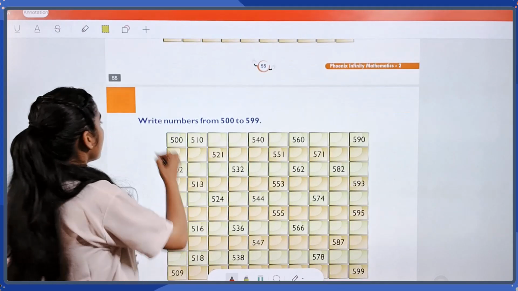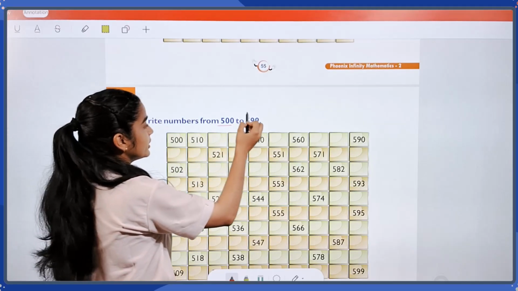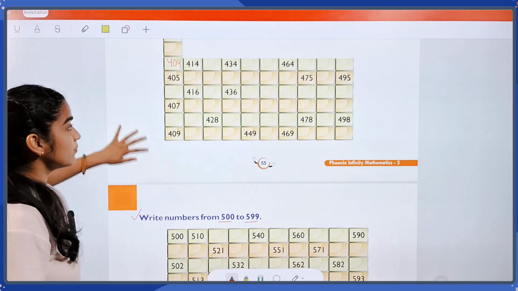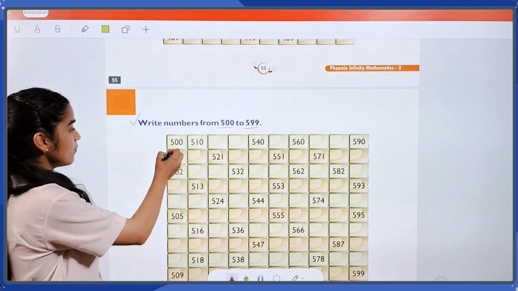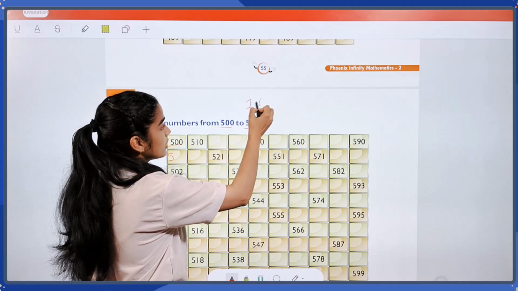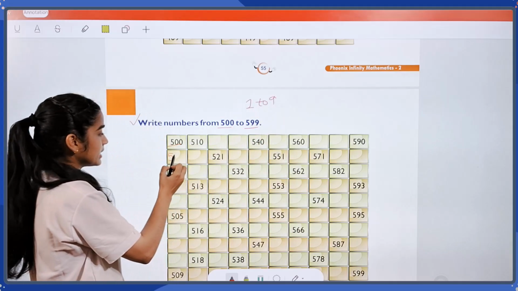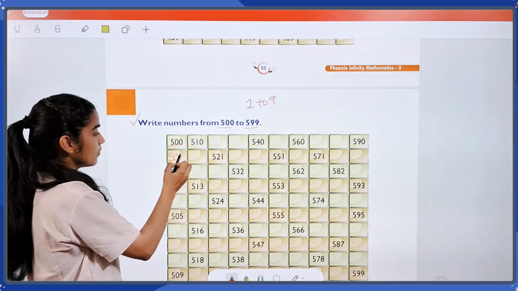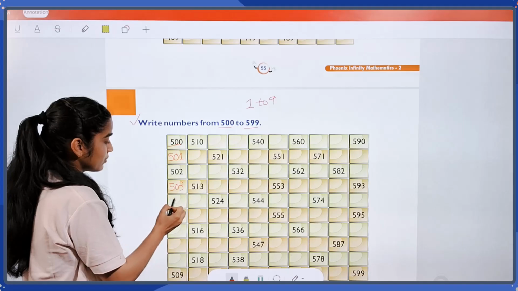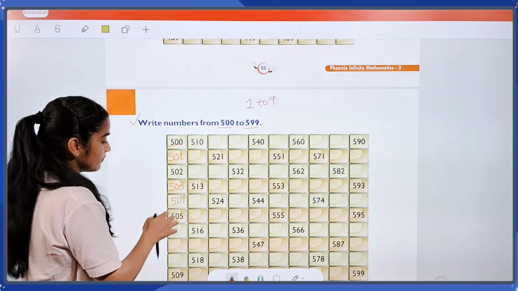And now you have to write numbers from 500 to 599 as we did in 300 to 399 and 400 to 499. So 500, 5 will remain the same. From counting 1 to 9, you have to use 0. So we write 501, 502, 503, 504, 505.